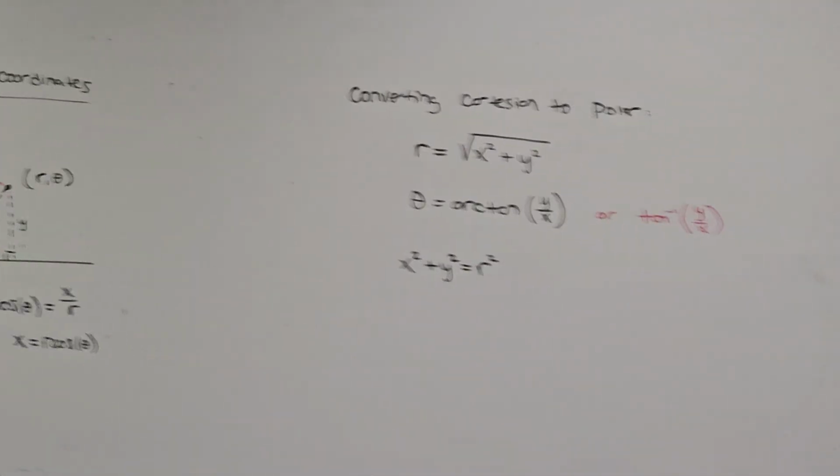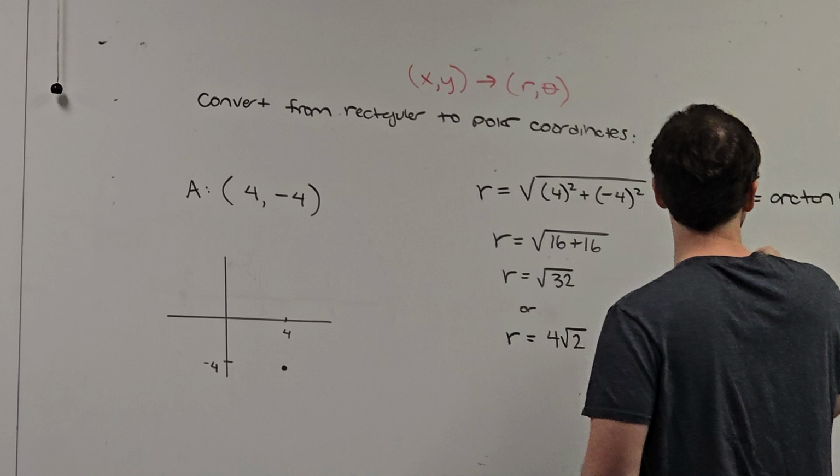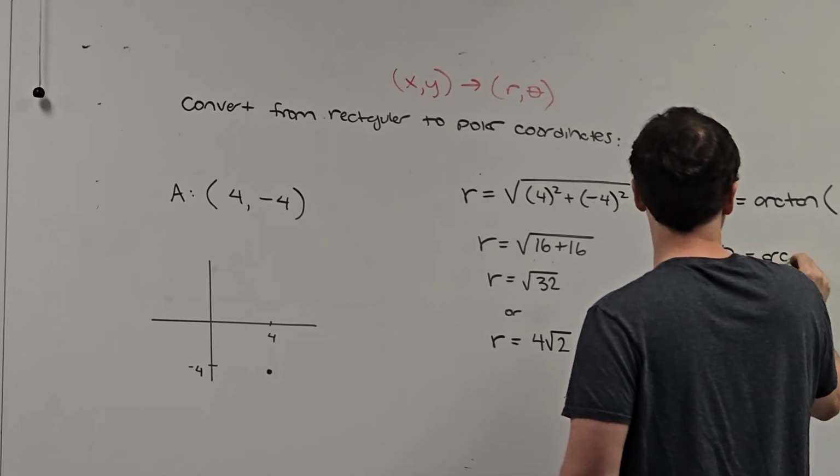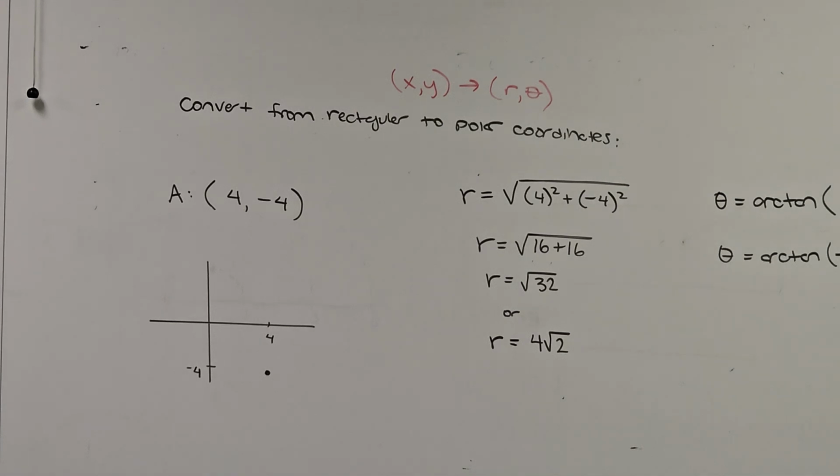is equal to arctangent of the y coordinate divided by the x coordinate. This is kind of the same idea that we were talking about with the arc length last class, as far as sometimes it'll be a nice clean answer.